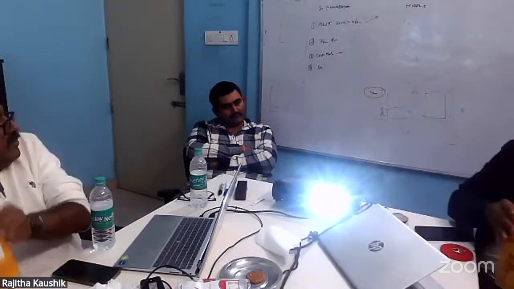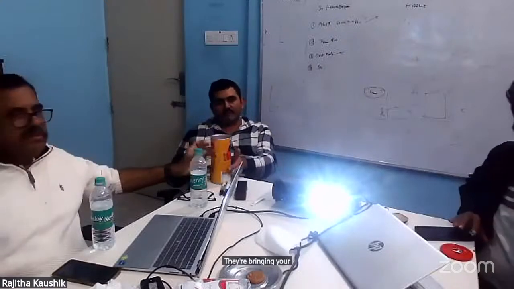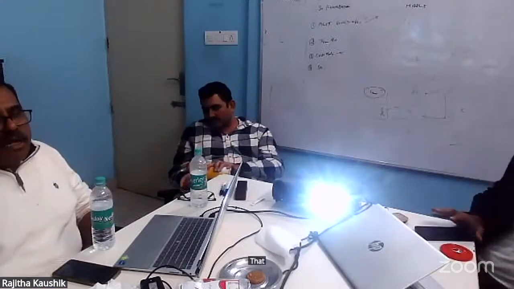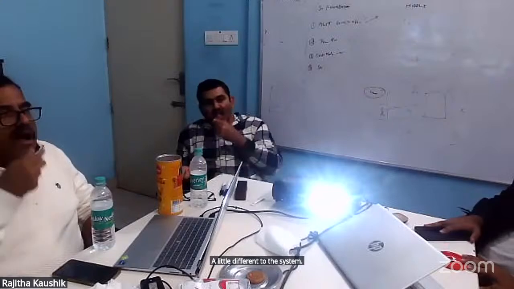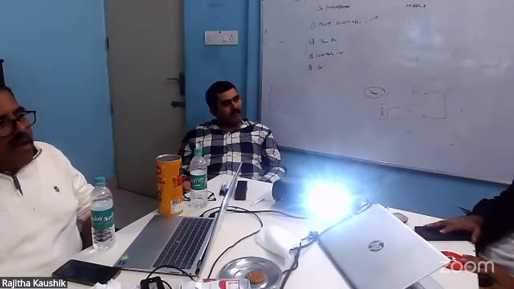There will be a reference document, reference textbooks, and then some PDFs will be fed to the system. Then I'll do prompt engineering as well and create separate questions, which are tailored for us.